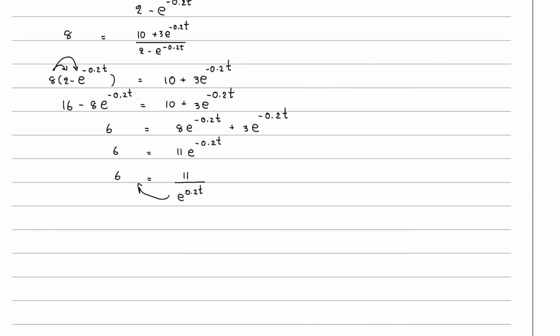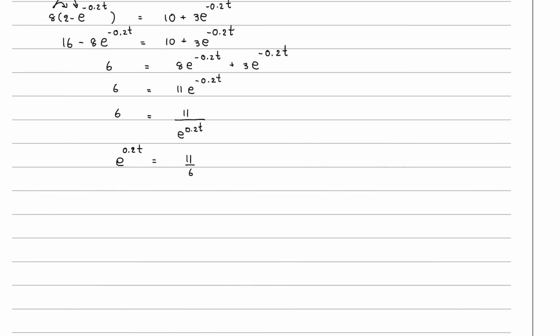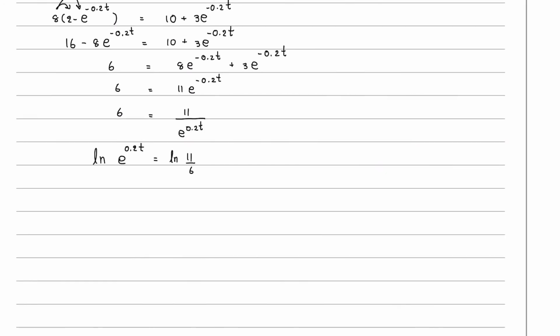And we move it to the other side. e to the power of 0.2t equals 11 over 6. Now we can take ln on both sides. So 0.2t is ln 11 over 6. 0.2 is 1 over 5, right? So we move 5 over there. It will be t equals 5 ln 11 over 6. And the unit is in days.